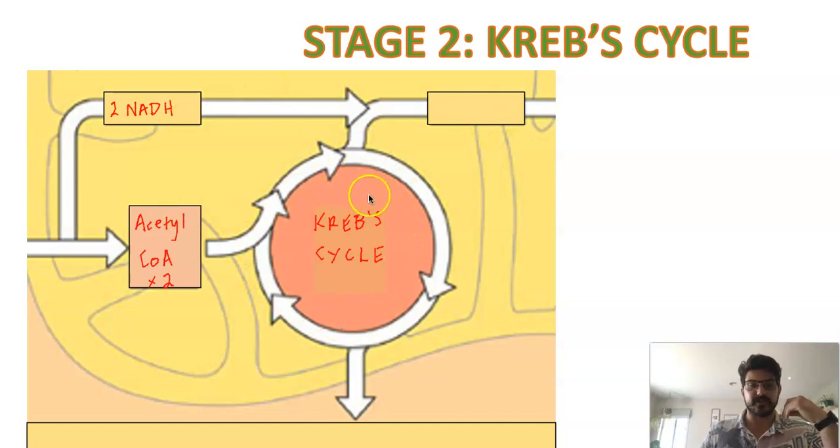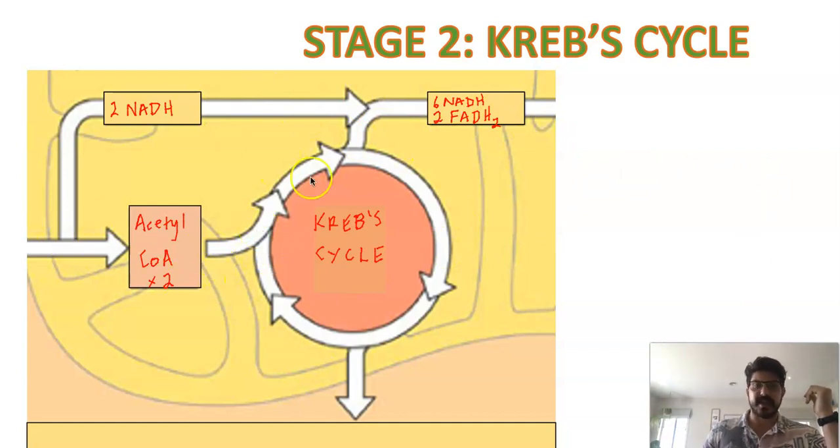Because of all of the electrons being lost in this cycle, we're going to end up with about 6 NADHs from our 2 acetyl-CoAs, but we're also going to end up with 2 FADH2s. Now these guys carry 2 hydrogen ions, so they're able to carry extra electrons, which is great because we're going to need those extra electrons. They're getting shuttled by these electron carriers to another stage down the track, which you can see.